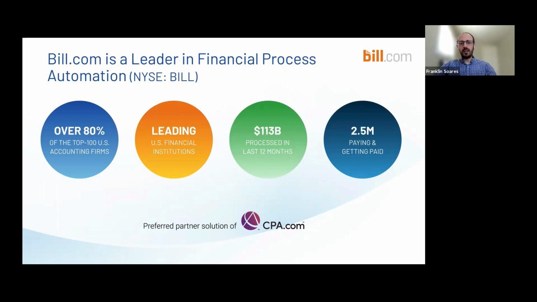And in the last 12 months, it's processed over $113 billion for our customers. We also have a network of 2.5 million members either paying or getting paid inside the Bill.com network. And we're also a preferred partner solution of the CPA.com organization.